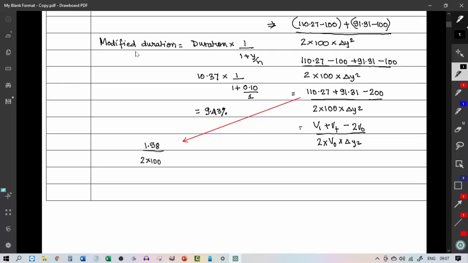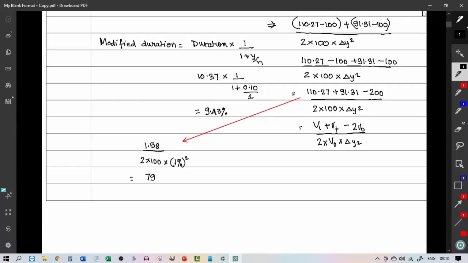Now we are dealing with a change in the yield of 1%, so into 1% whole square. Now please remember this is 1% whole square, so when you are solving this, you've got to take it as 0.01 whole square. So if we solve for this, we get 79. So this represents the convexity.